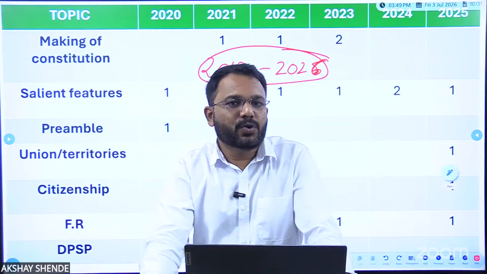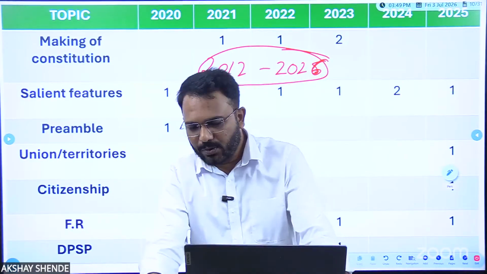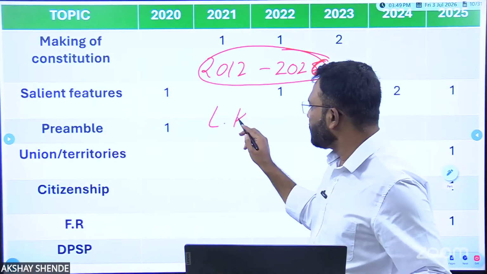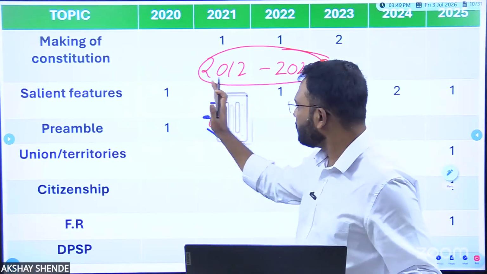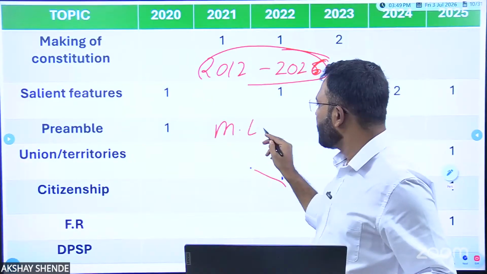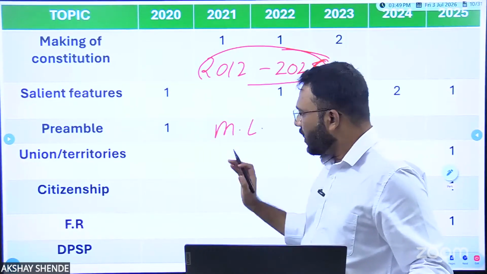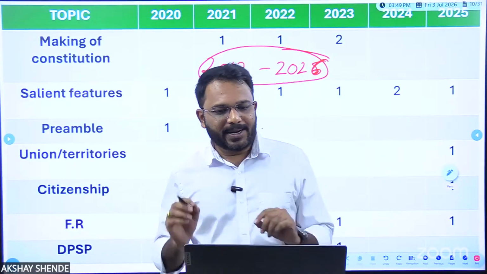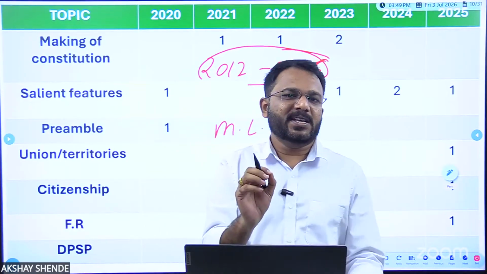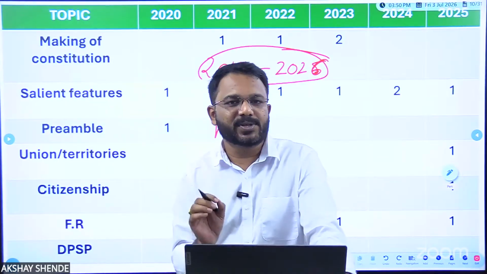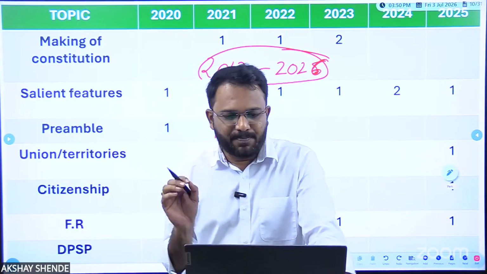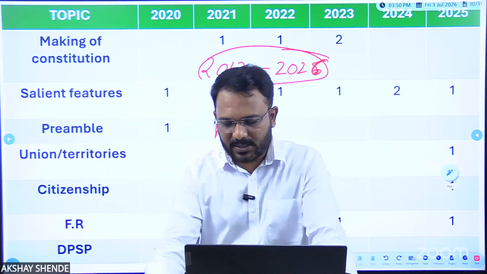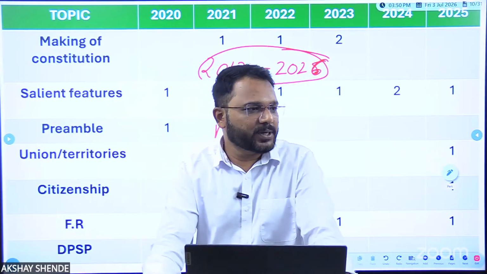Like I have told you, I forgot to bring that book. The book is named M. Lakshmikant, and that book is this thick. That single book is used for UPSC civil services, MPSC state services, and MPSC Group B, Group C services by English medium students.